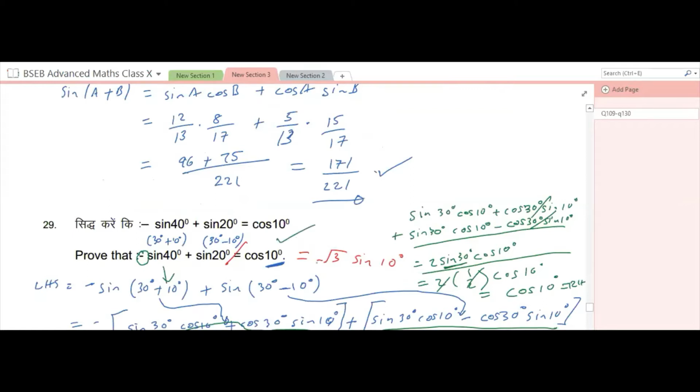So sine 40 plus sine 20 degrees is equal to cos of 10 degrees. This is the proof.